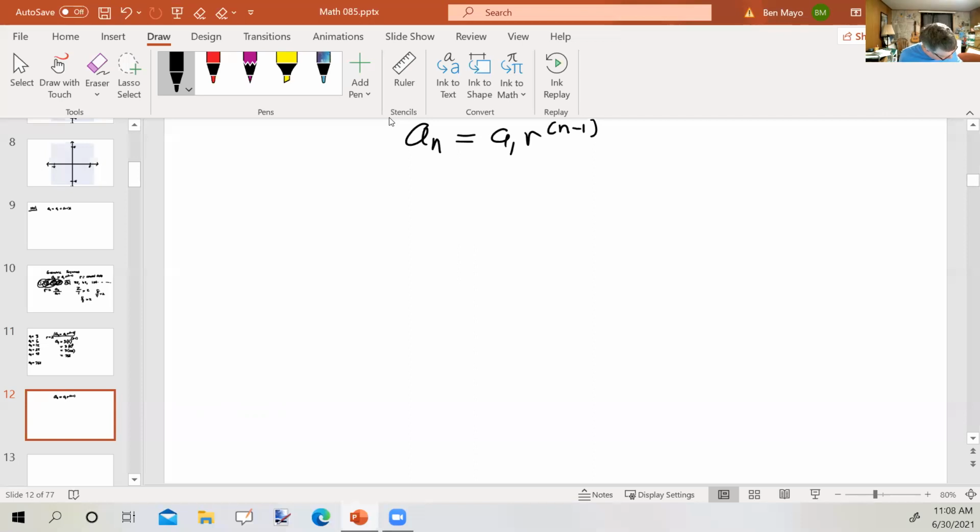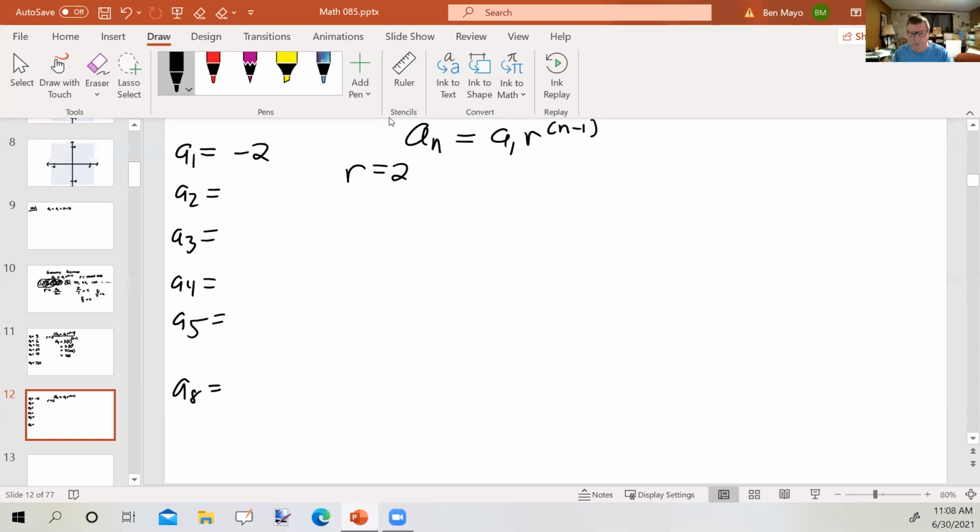Okay. So we're supposed to find the first 5 terms and the 8th term. They tell us that the first term is -2 and the common ratio is 2.